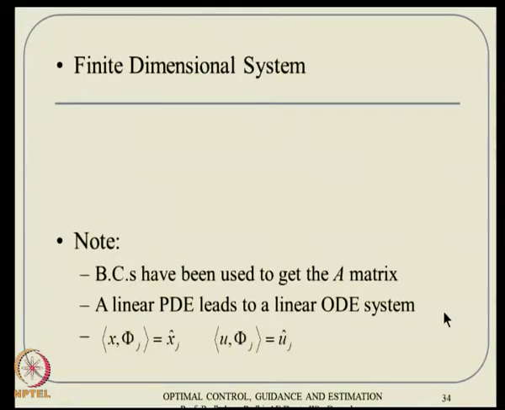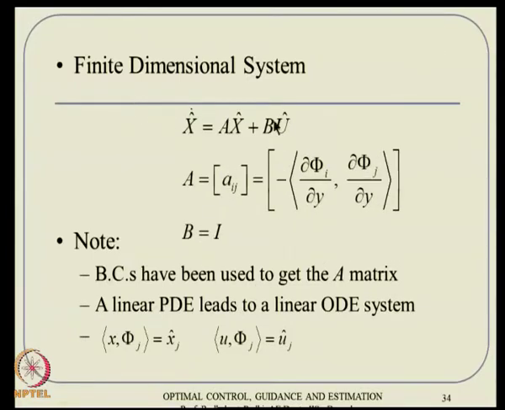Now it will ultimately result in a finite dimensional system of the form x hat dot equals A x hat plus B u hat, where the components A ij can be computed that way, and B happens to be the identity. So we got a finite dimensional, lumped parameter representation, but these x i do not represent any grid point solution.